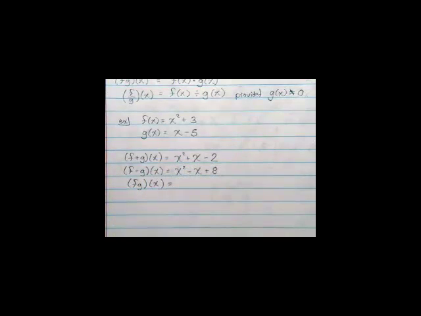How about fg of x? So this one, when it comes to the multiplication, I'm not going to be so hard nosed about you having to FOIL it all out. The back of the book, when you check your answers, will actually multiply it all together.